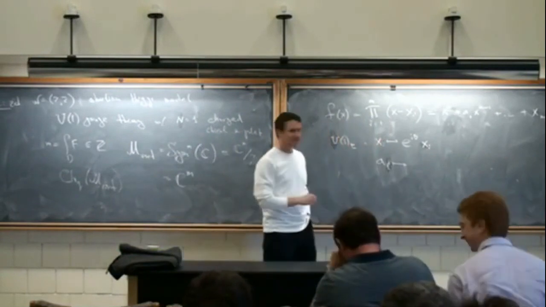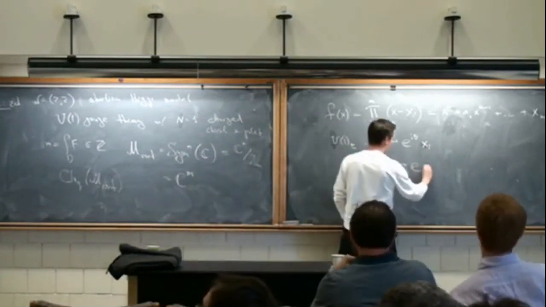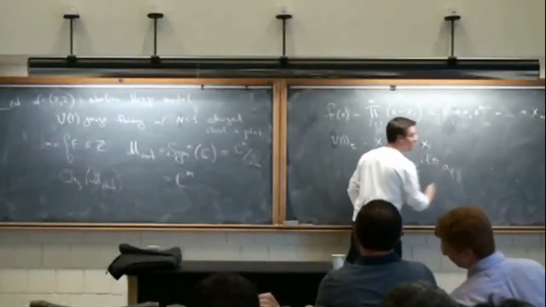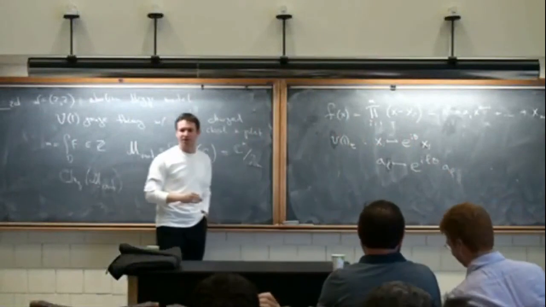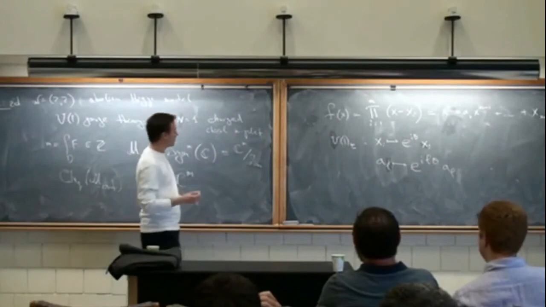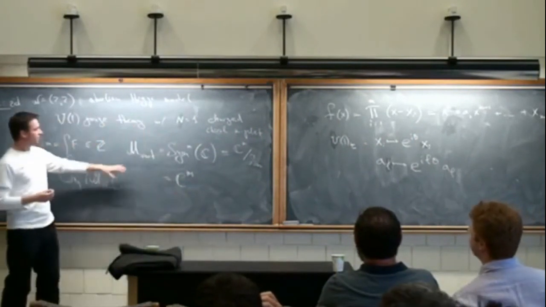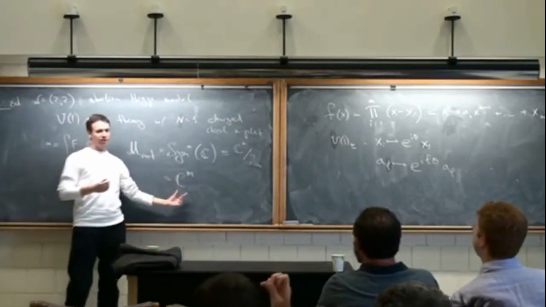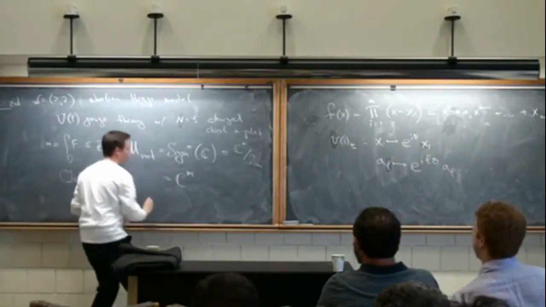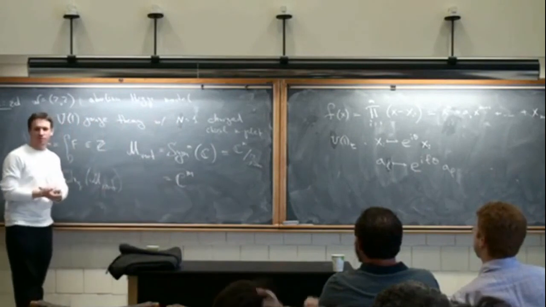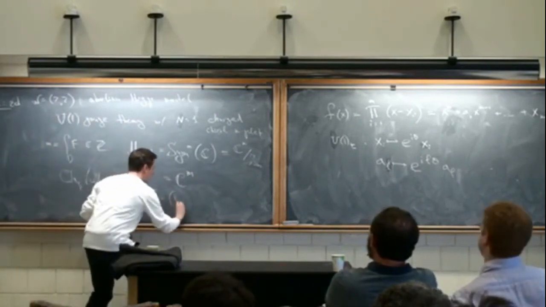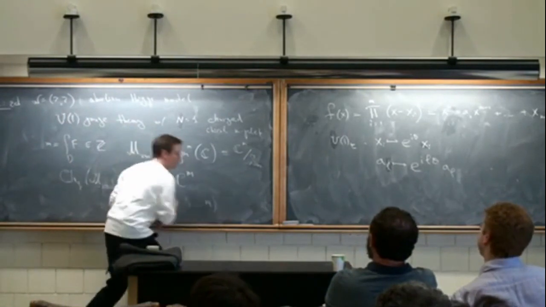It acts on al by different phase rotations, namely i times l times theta al, because if you think about the a's being symmetric polynomials of the x's, that's what you get. And therefore, the moduli space of vortices in this case is the linear vector space of dimension m, such that the U1 rotation group in two dimensions acts on this space with weight vector 1, 2, and so on up to that.